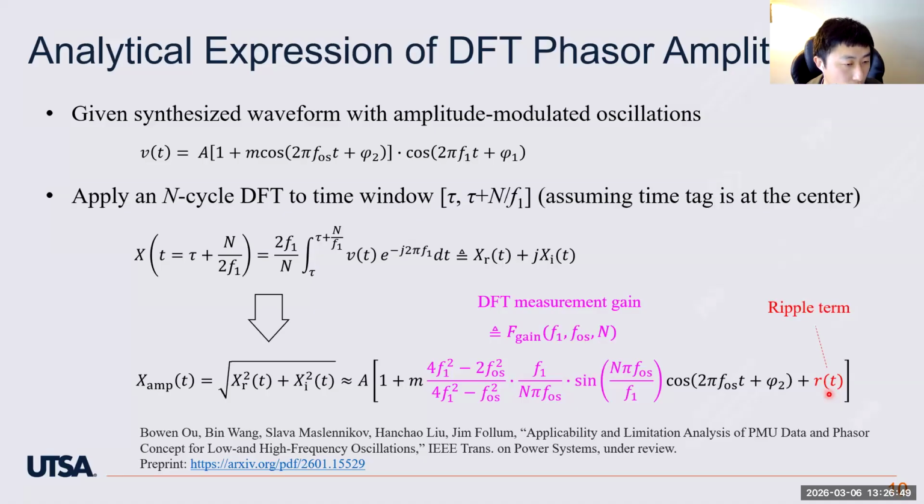It introduces some components at the second, third, and higher harmonics of the oscillation frequency, but with very small amplitude. For this study, this is not the focus. Those components may affect other processes, but for this talk, it's simply ignored.